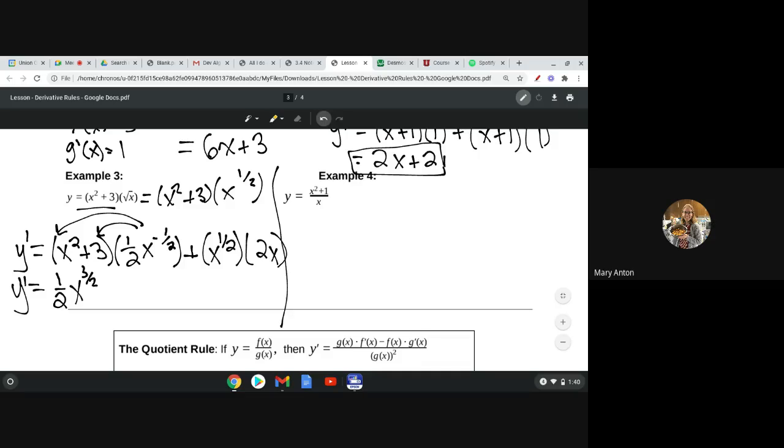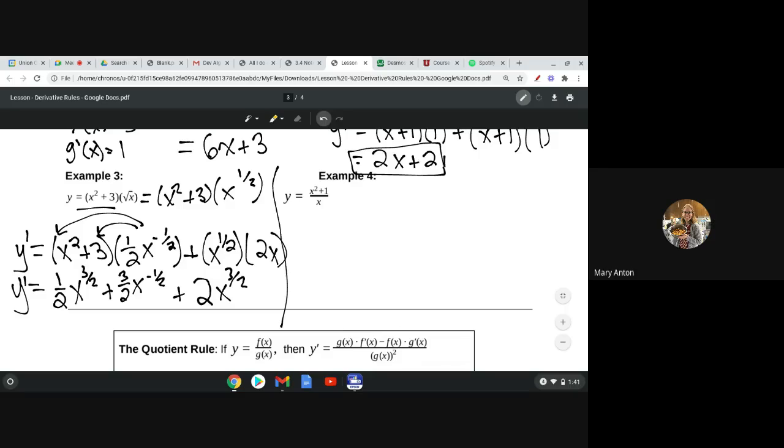Plus 3 times 1/2, which is 3/2, x to the negative 1/2, plus 2x times x to the 1/2. Can you simplify that one for me? 2x to the 1/2 times x, which is 2x to the 3/2, right? Now we've got some like terms, don't we?